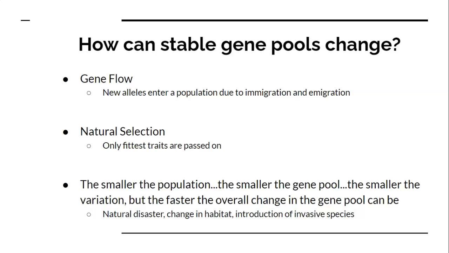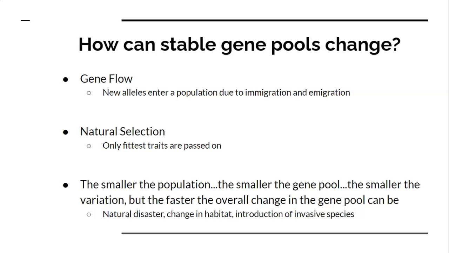Natural selection is when only the fittest traits are passed on. So only the traits that are benefiting in some way. And then the smaller the population, the smaller the gene pool. And if you have a smaller gene pool, that means you have smaller variation. But that means faster change over time.